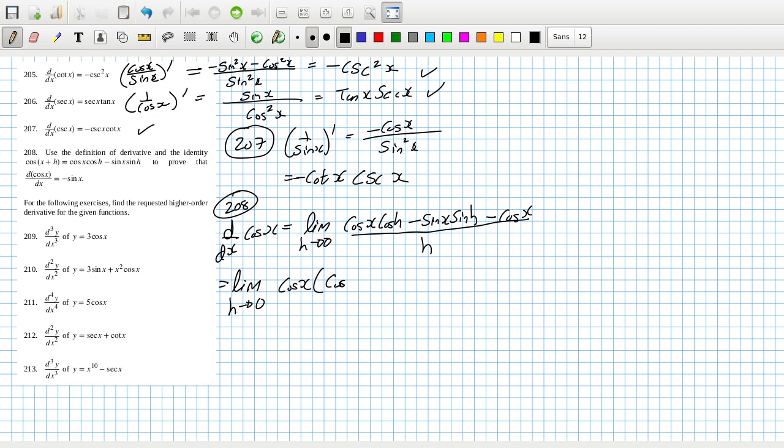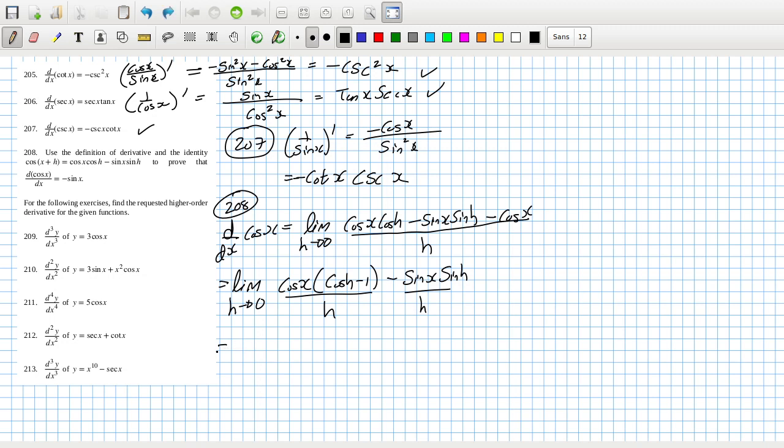and leave them with cos h minus 1, minus sine x sine h, over h. Now that's the limit.